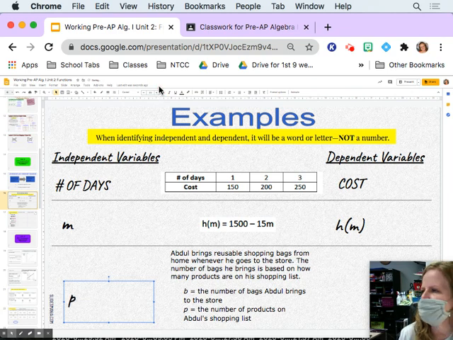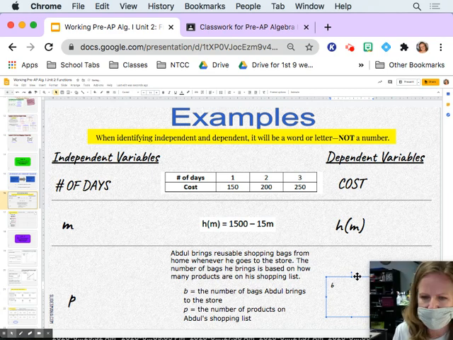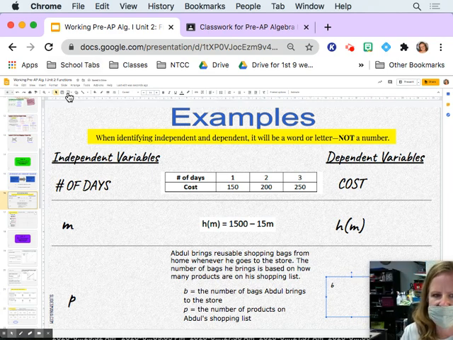So if he plans on doing a big haul, it's for a whole month, then he's going to need to bring a lot of bags. But let's say he just goes for a few items for tonight's dinner. He'll probably only need 1 or 2 bags compared to when he's going for the full month. So B is number of bags. So number of bags depends on how many items are on his shopping list.